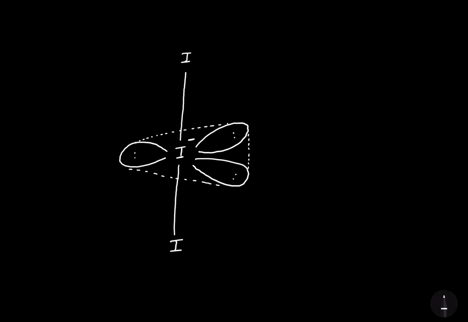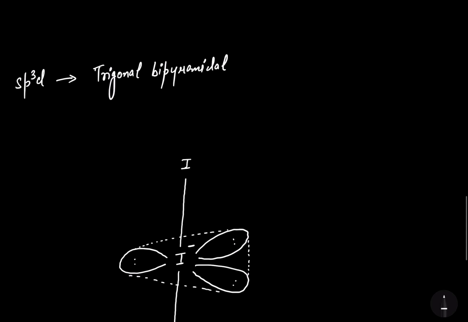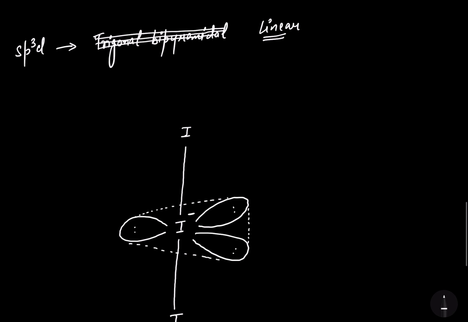While naming the structure, we have to ignore the lone pairs. So this geometry will not be called trigonal bipyramidal. This geometry will be named as linear. So whenever there is sp3d hybridization and it is having the 3 lone pairs, then those 3 lone pairs will occupy the equatorial position and we are left with the linear structure. So that's why we are going to call the structure of tri-iodide ion linear.